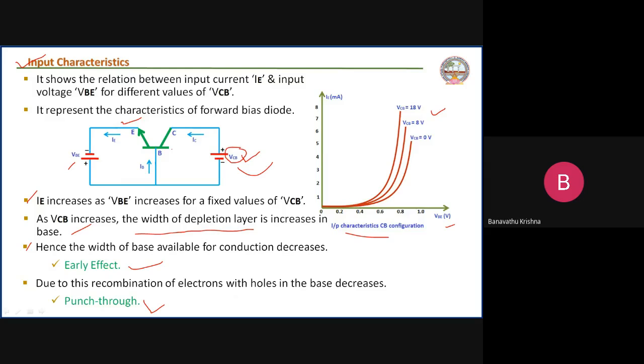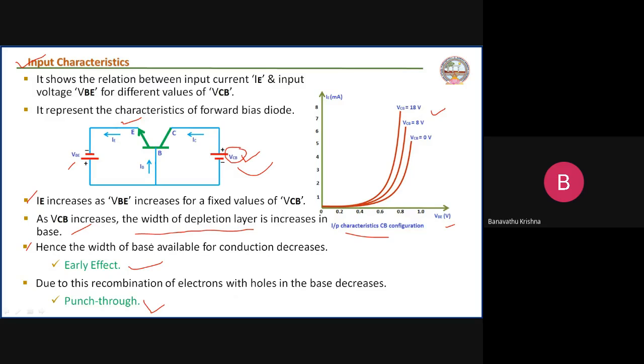Bipolar junction transistor input and output characteristics for different configurations, such as common emitter configuration, common base configuration, and common collector configuration. For this case, VB is going to increase, then the emitter current is also going to increase for different values of VCB.